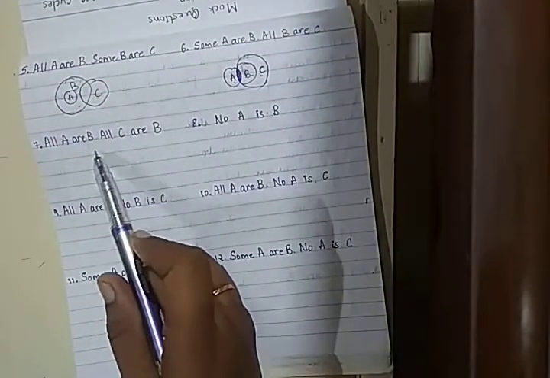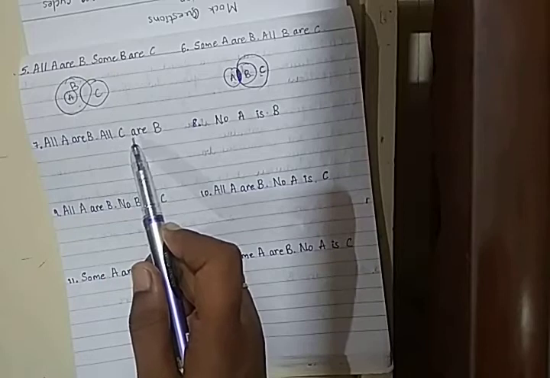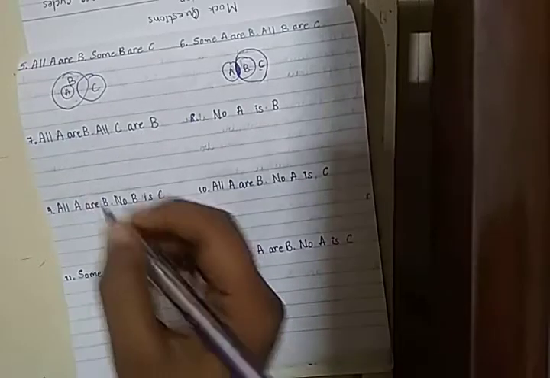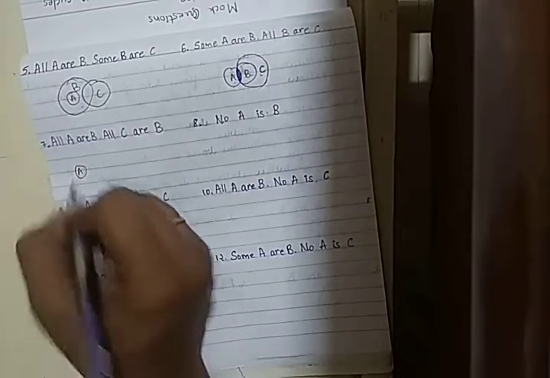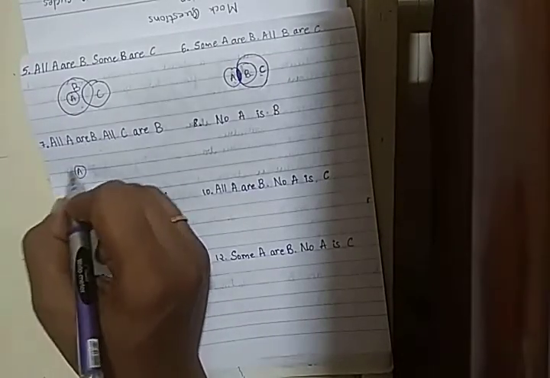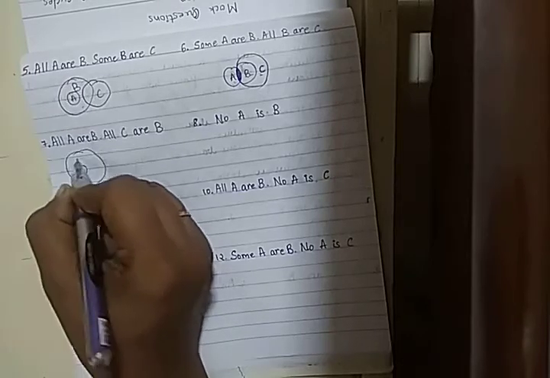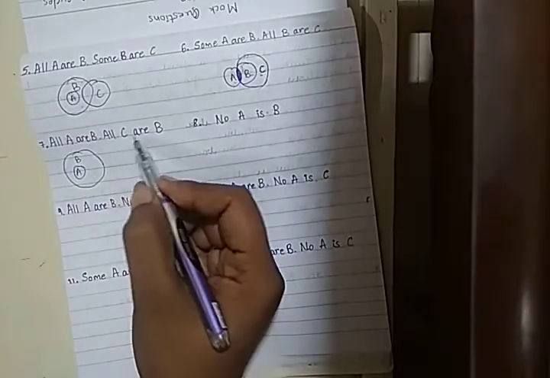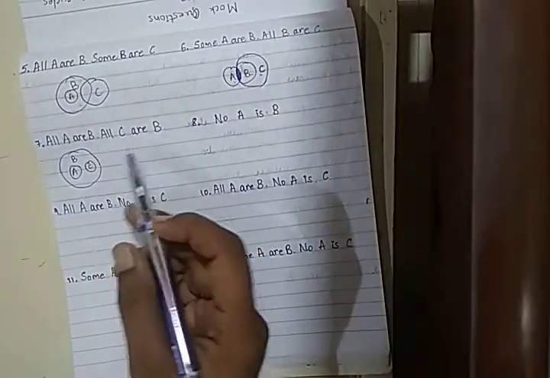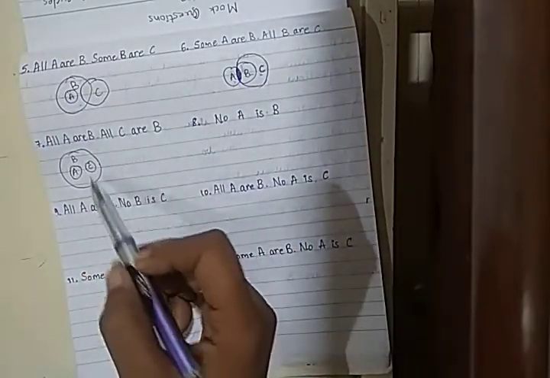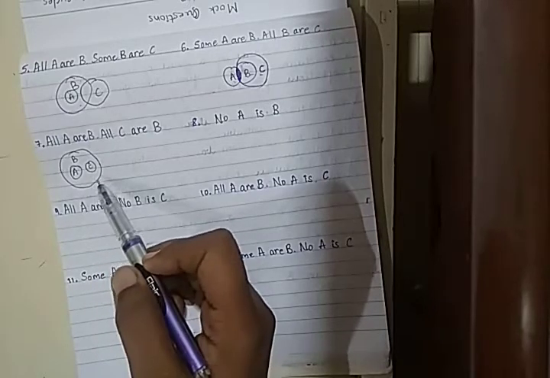All A are B, all C are B. This is all A are B. This is B. All C are B. So here all C are also B. Now, what are the conclusions made?